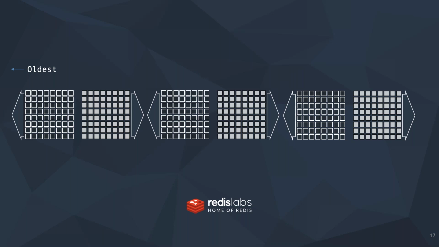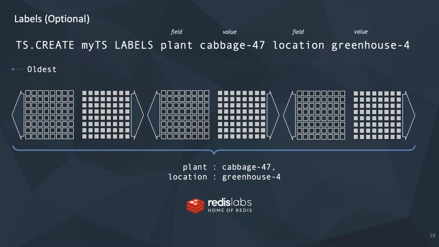Okay. Is there support for non-numerical data like strings? No. The closest you get is labels, but that's a label per time series. If you have strings that you're trying to correlate with a particular sample, that's not something we're really optimized to do.